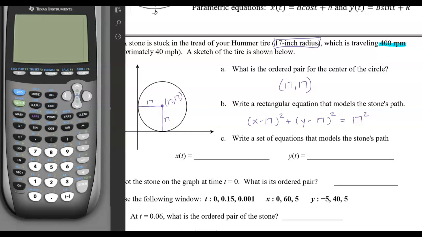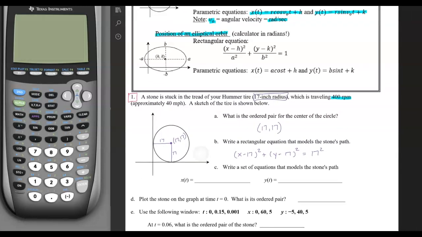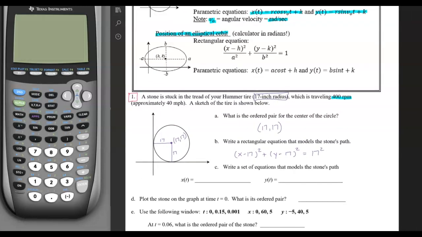But because there is time associated to this situation, we also are being asked to form parametric equations. Now we do need to use these formulas that they have written above for us to create these parametric equations. What do we need to solve for before we can finalize these parametrics?